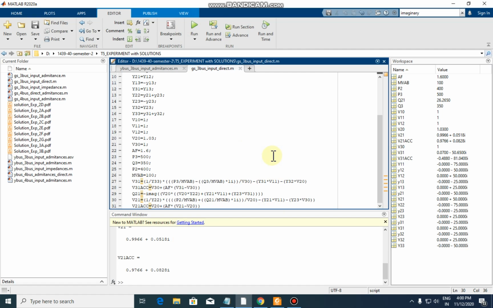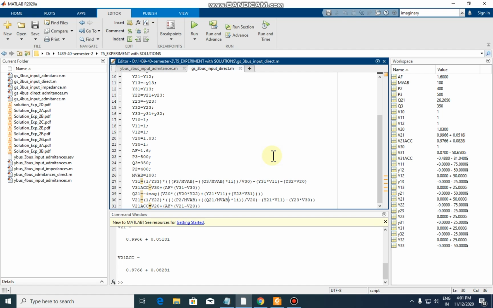This is an example program showing how we can calculate different voltages and reactive powers in the Gauss-Seidel method. This is not the only way; the program can be written in so many ways, depending upon the programmer.